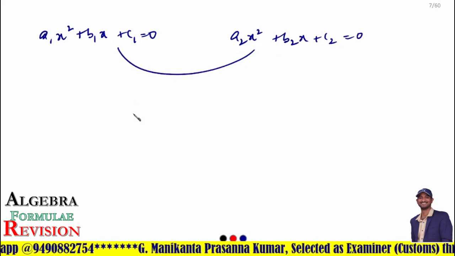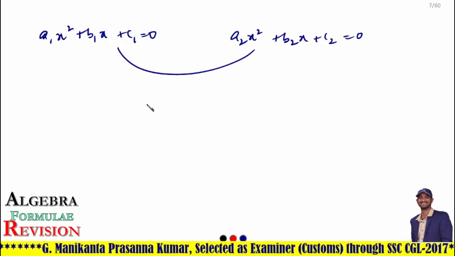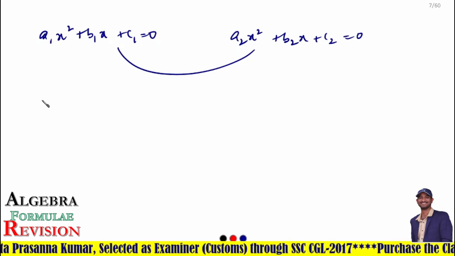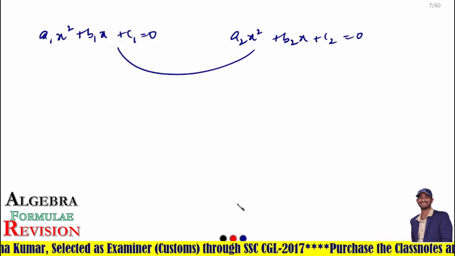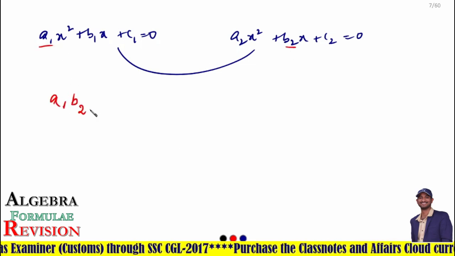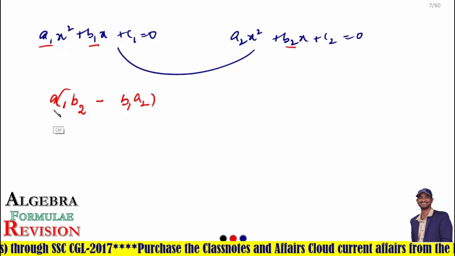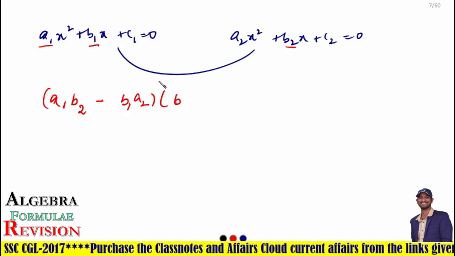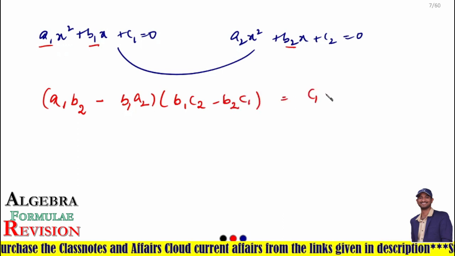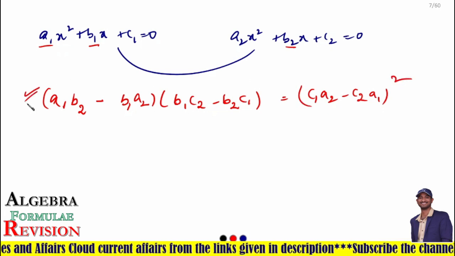If these two equations have a common root alpha, then the condition for those two equations to have a common root is a1 b2 minus b1 a2 into b1 c2 minus b2 c1 is equal to c1 a2 minus c2 a1 whole square. This is the condition for two equations having a common root.